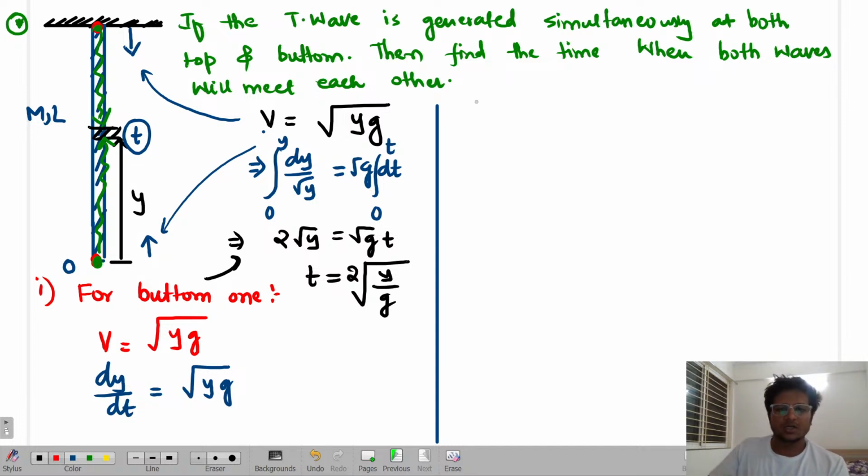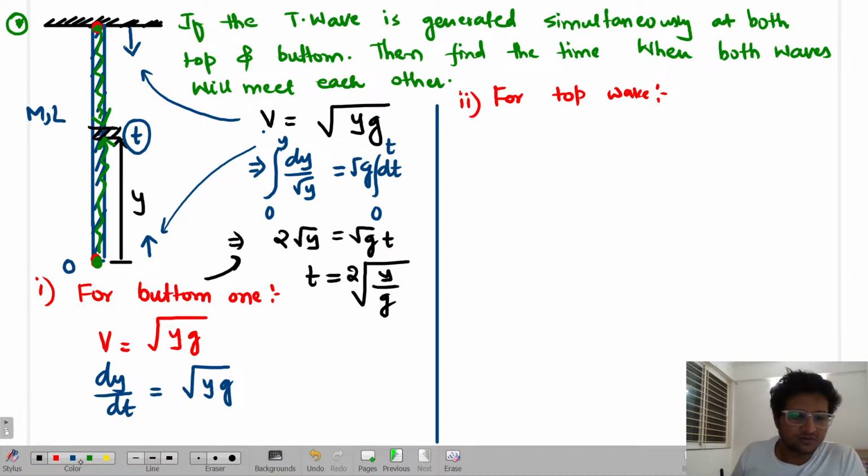Okay, now I'll do the calculation for the top wave. Now look over here, the top wave is coming down, so its velocity will be negative. The biggest mistake people make is they do not consider the negative sign.